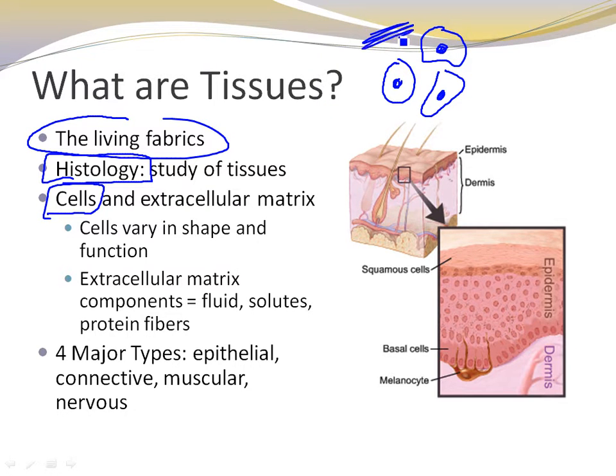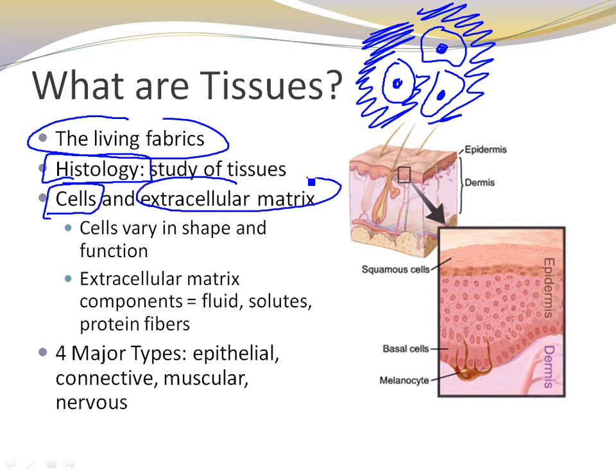There is space in between those cells. That space between the cells is called the extracellular matrix. Extra is a prefix that means outside, so outside the cells, and the matrix refers to all the stuff that is located between those cells.